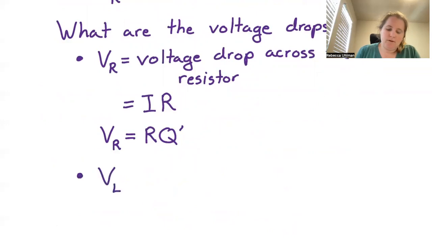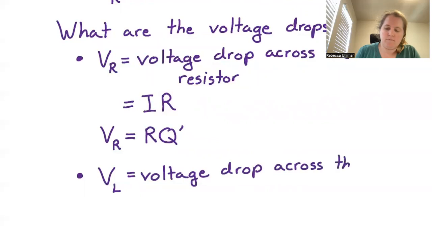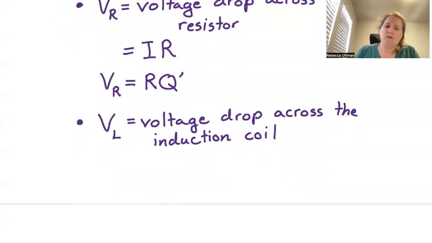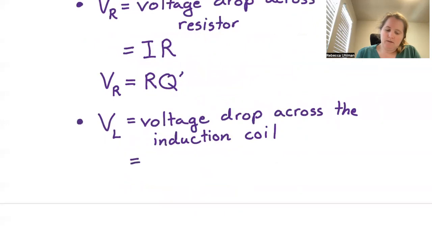Our voltage drop across the induction coil, VL, is given by the inductance times the derivative of the current. Since the current is the derivative of charge, the derivative of current would be the second derivative of charge.